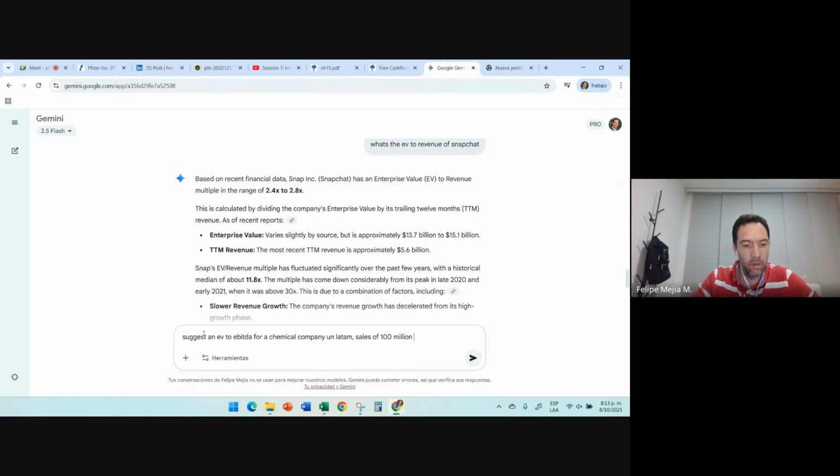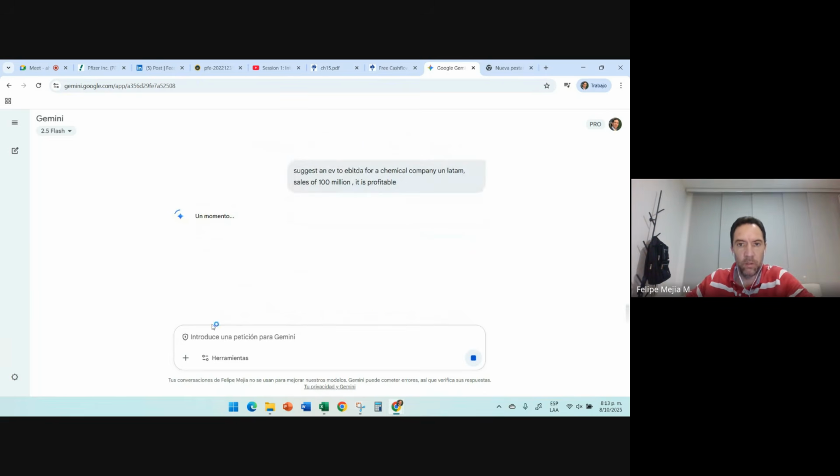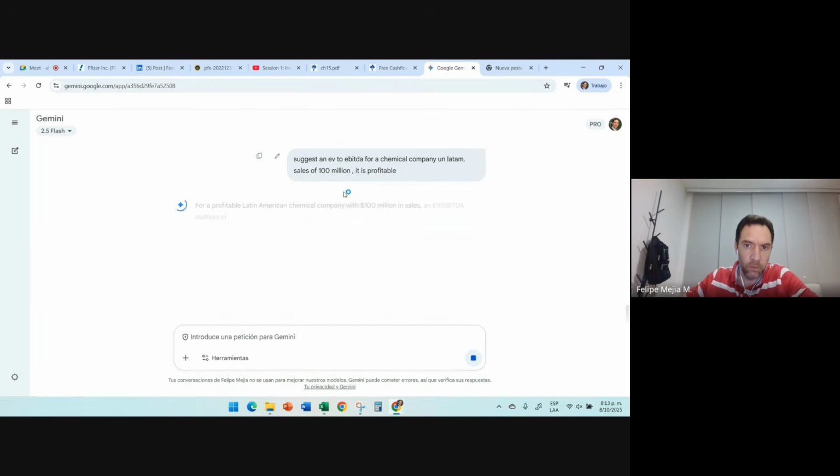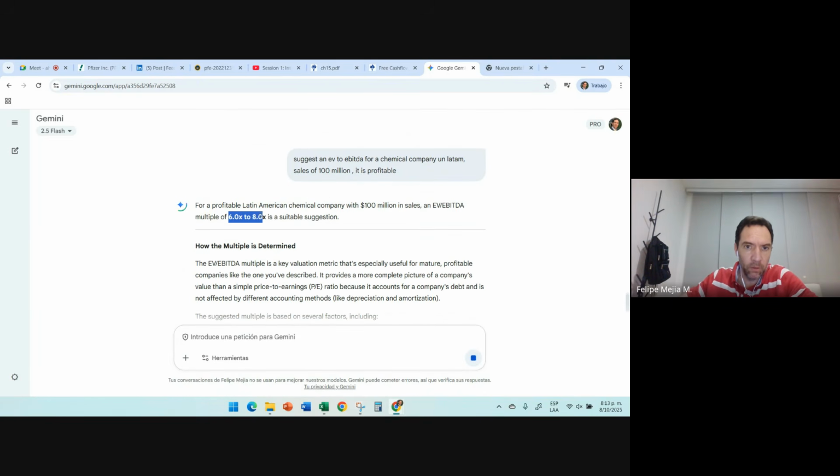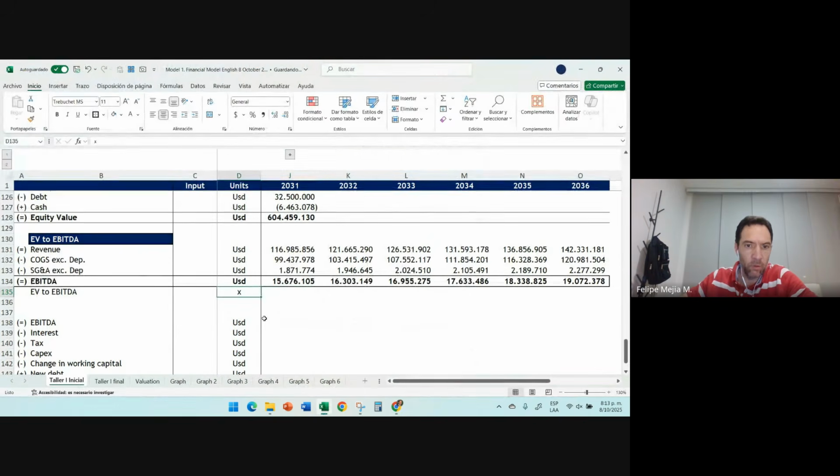And let's say it's profitable. Obviously, since we're asking for an EV to EBITDA, it should be profitable. 6 to 8, suitable. It's a suitable suggestion. Let's take 6.